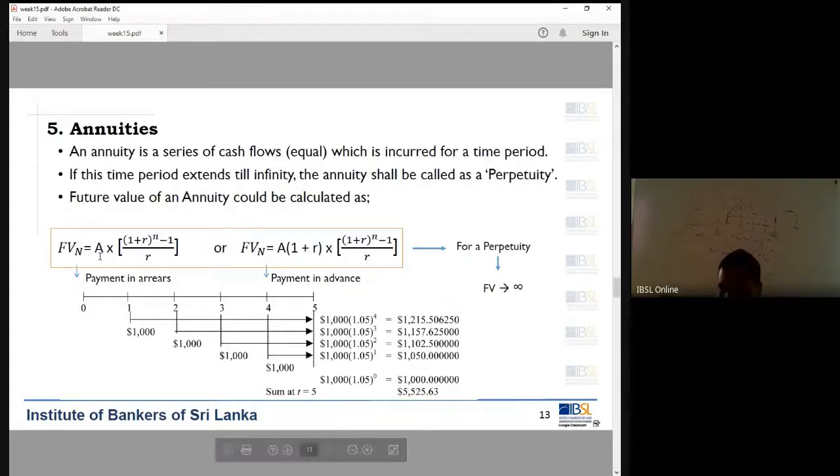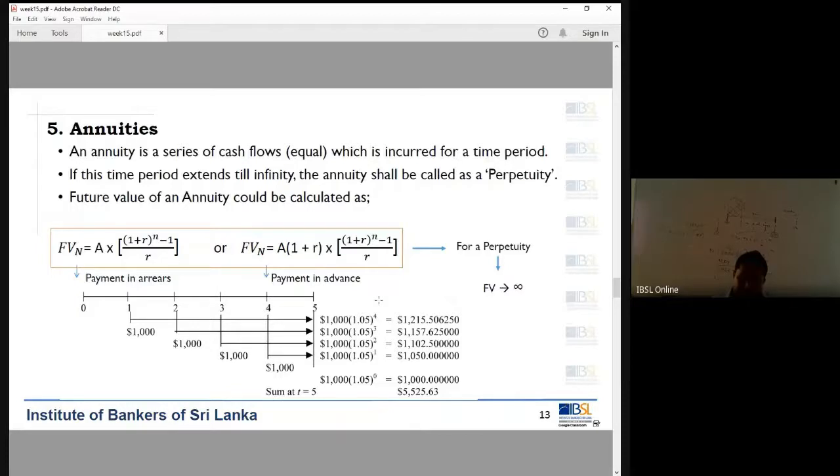So recall that this form of equation gives you the future value for annuities with payment in normal terms. For payment in advance, all you have to recall is that there's going to be a factor of 1 plus R multiplied on the annuity, provided that the equal amount is paid in advance for a particular time period. So these are the two forms in which we can discuss an annuity.